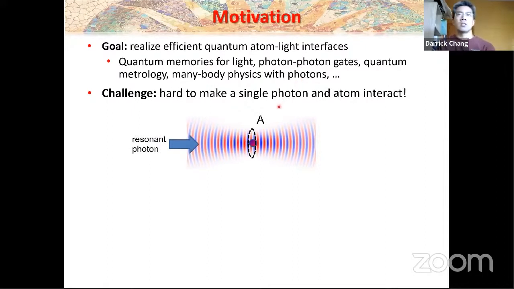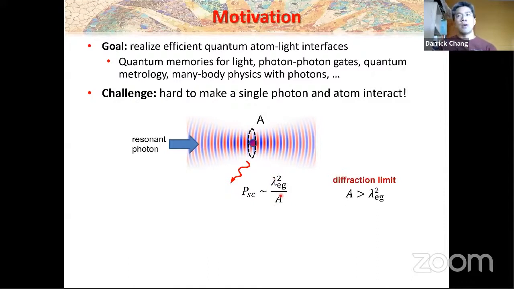You can understand that just from the basic building blocks of a single atom and a single photon. For example, if you take a single resonant photon and focus it down to some area A onto some atom, you can calculate what the interaction or scattering probability is. It's simply given by the resonant wavelength of the transition squared divided by the beam area.